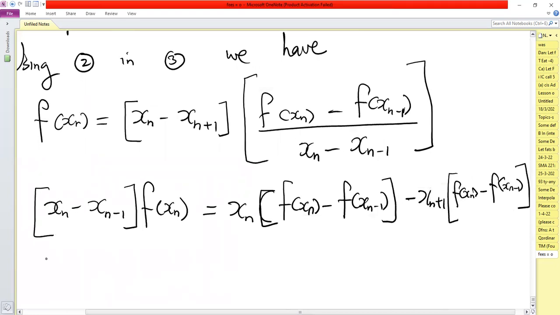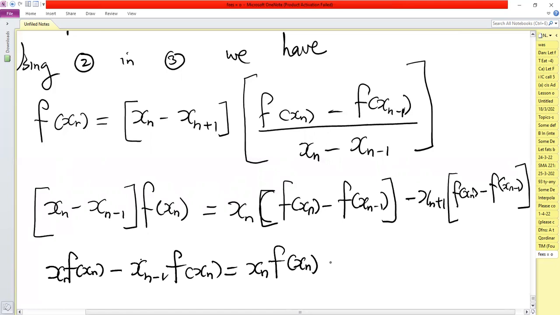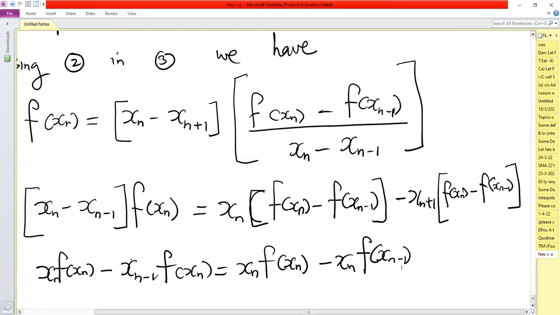So opening brackets here, I'll have xn f of xn minus xn minus 1 times f of xn equals xn times f of xn minus xn times f of xn minus 1. This one I don't have to open because I'm solving for xn plus 1. I just write minus xn plus 1 into f of xn minus f of xn minus 1.